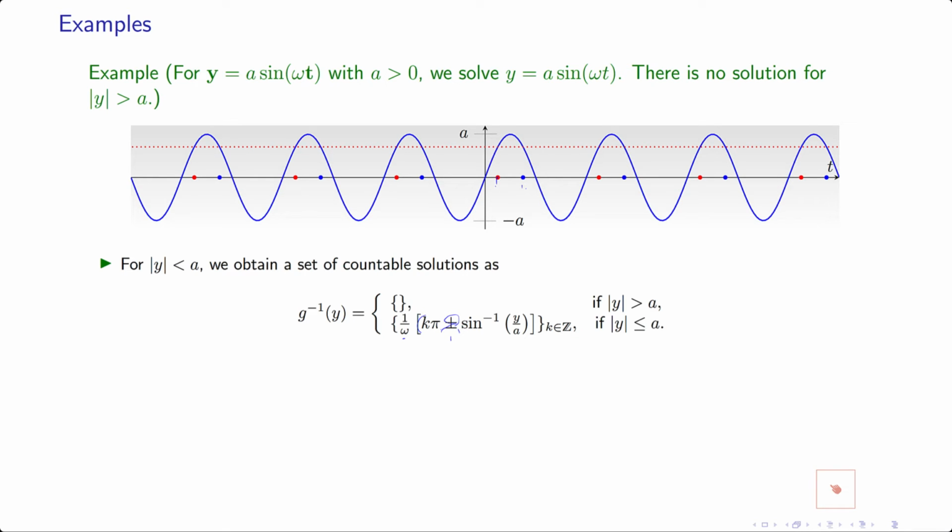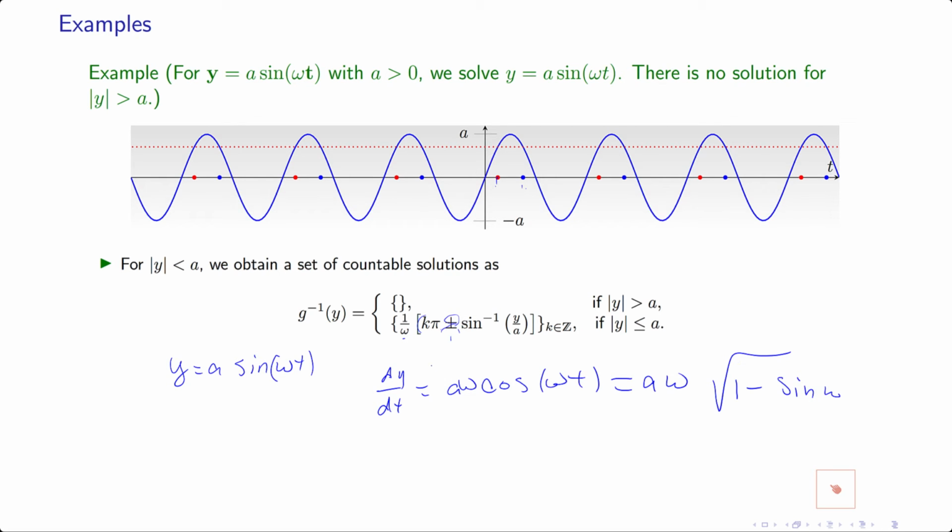What we need also to do is to calculate dy over dt for y equal to a sine of omega t, which is equal to a omega cosine of omega t. I write this as a omega, and instead of cosine, I put the square root of 1 minus sine of omega t to the power of 2, because I want the absolute value.